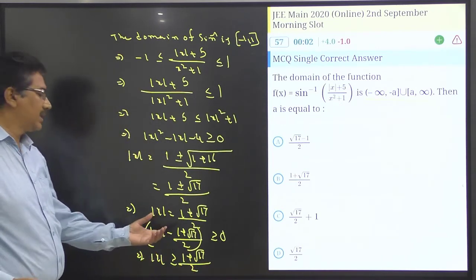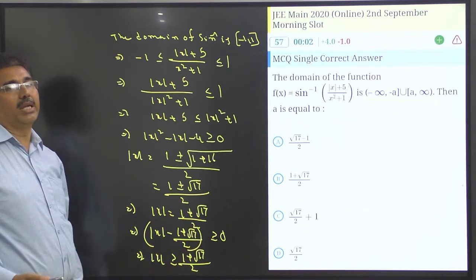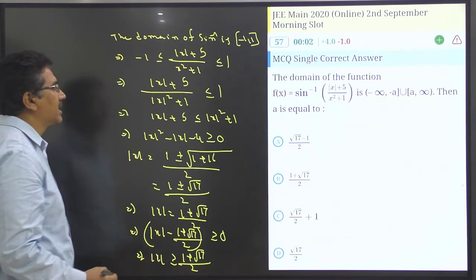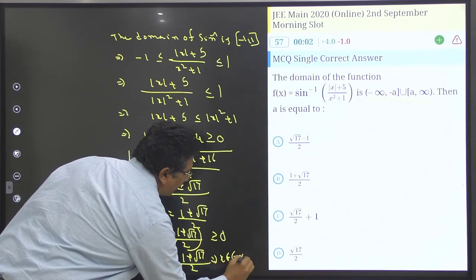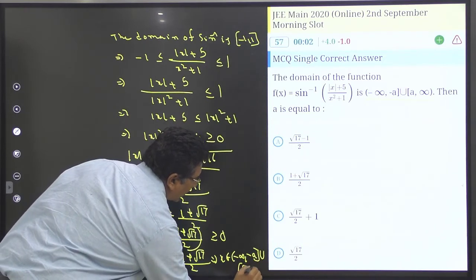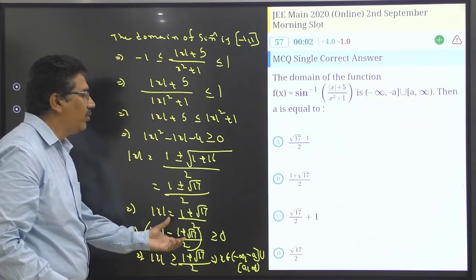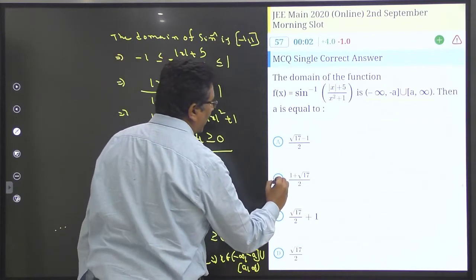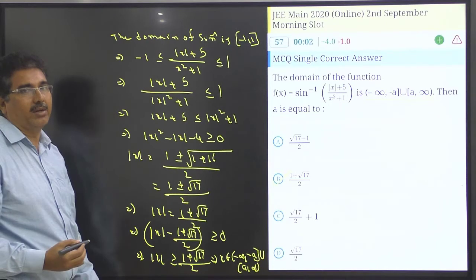This is of the form mod x greater than or equal to a, that implies x belongs to minus infinity comma closed interval minus a union closed interval a comma infinity. So the value of a is 1 plus root 17 by 2.